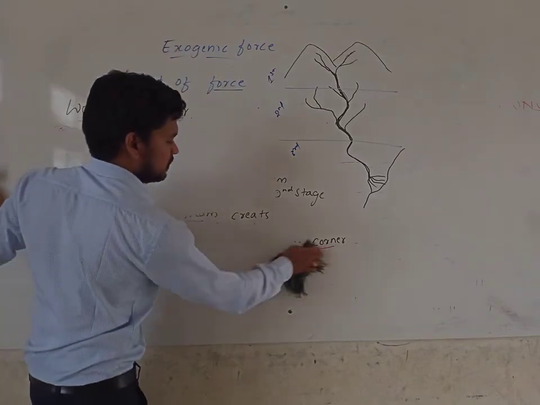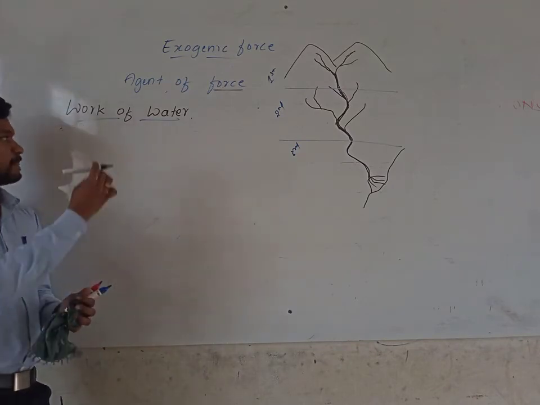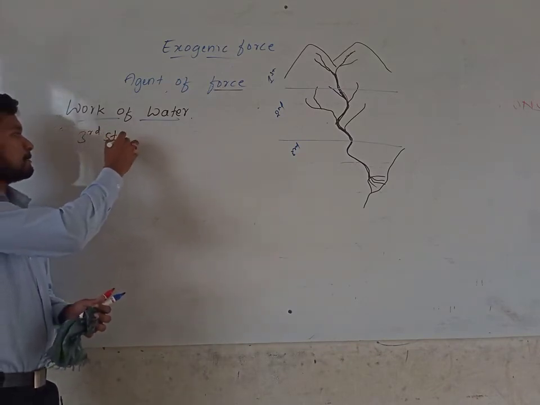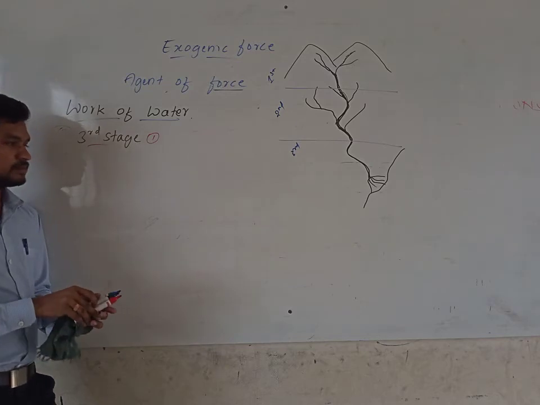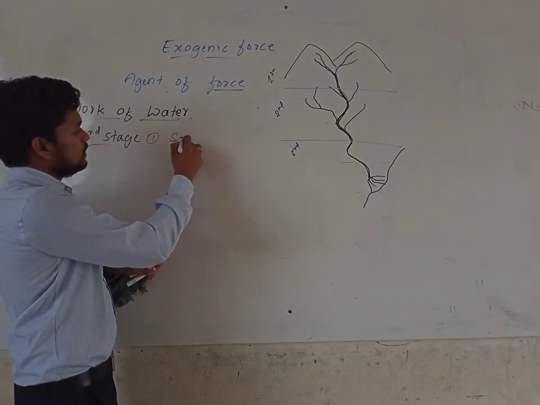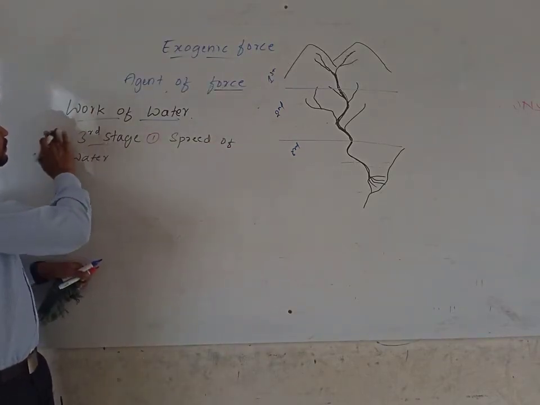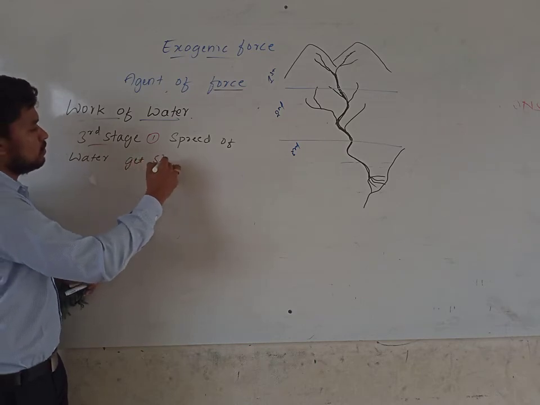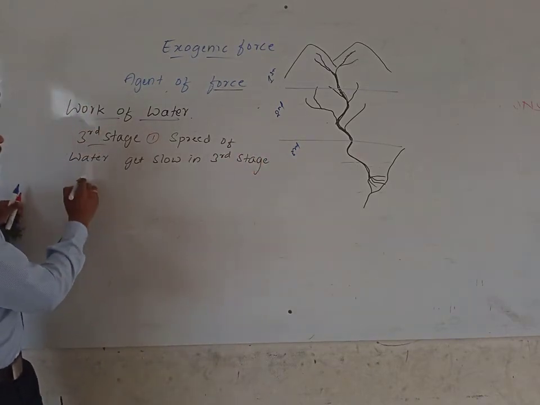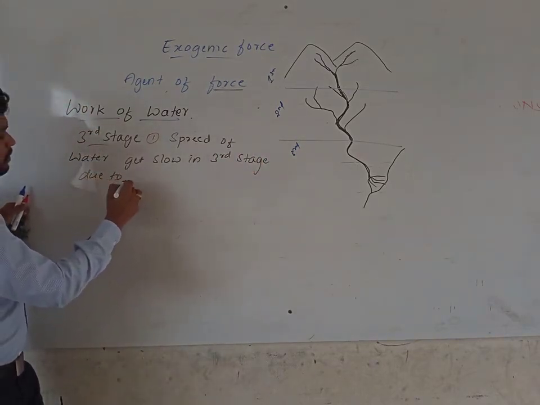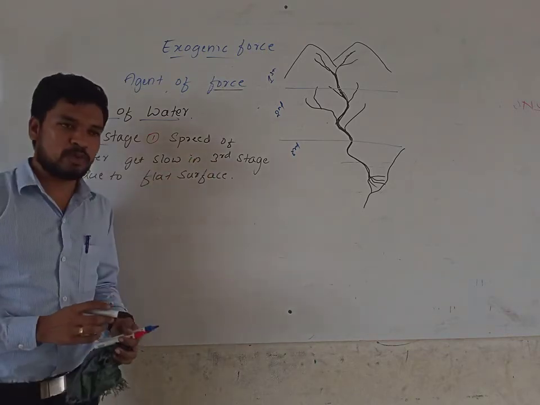So this work of river, the movement of water, makes changes in the landforms. The speed of water gets slow in the third stage due to the flat surface or flat slope.